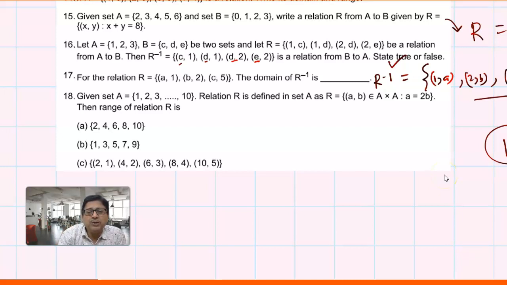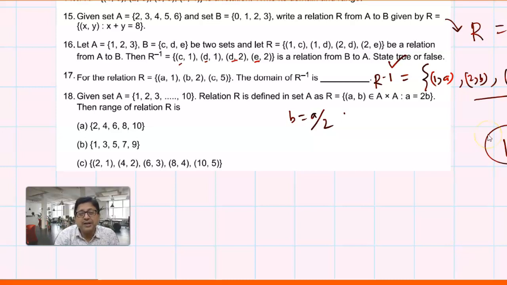Both means both a and b will come from set A. Since a equal to 2b, so b equal to a by 2. You take the values of a in such a manner that b becomes an integer, because this set consists of integers only. So if you have taken a equal to 1, it is not possible. If a equal to 2, then b is 1. It is possible. Am I correct?